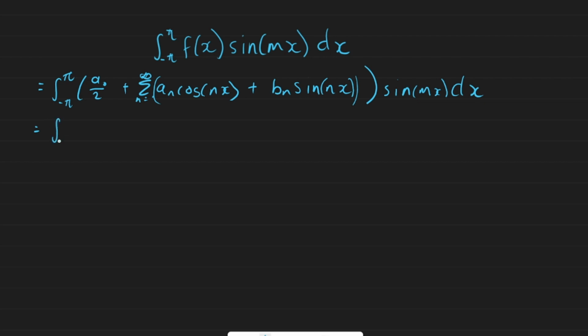So if we do that, we get the integral from minus pi to pi of a naught over 2 times sine mx dx, then plus we have our sum, then we have our constant an, then the integral from minus pi to pi of cos nx times sine mx.